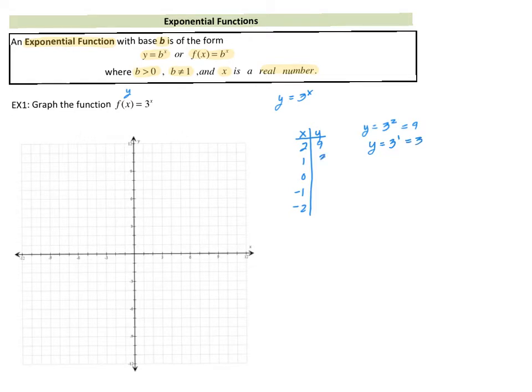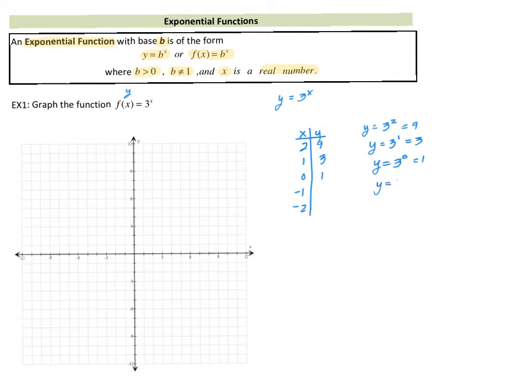So 1 comma 3 would be another point. What about if the exponent is 0? So going back to your algebra, remember the 0 exponent gives you a value of 1. So any number besides 0 to the 0 power is 1. This would be the point 0 comma 1.